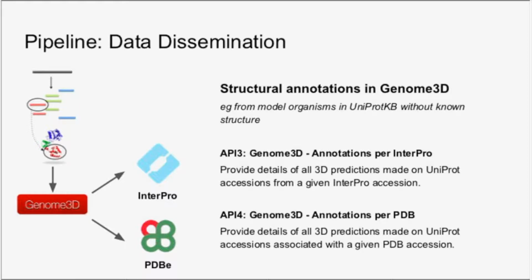After that, we're pushing these 3D models, predictions into a resource called Genome 3D, which is also part of this collaboration. That resource holds consensus information from lots of different prediction groups in terms of predicted structures from sequence. And then from Genome 3D, that data is also further disseminated to other resources such as InterPro and PDBe from the EBI.